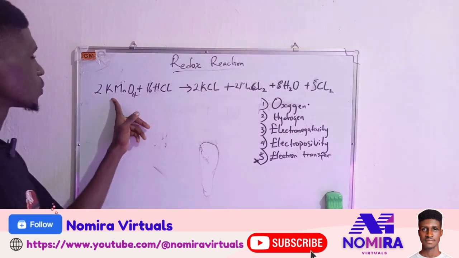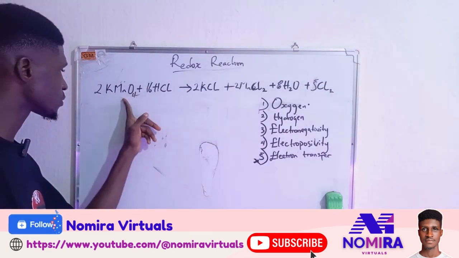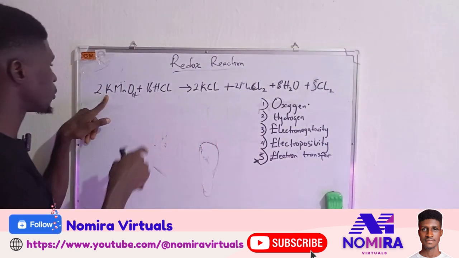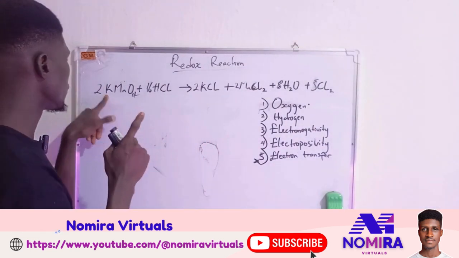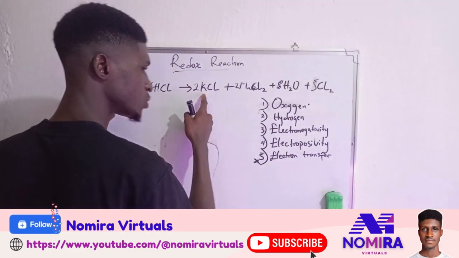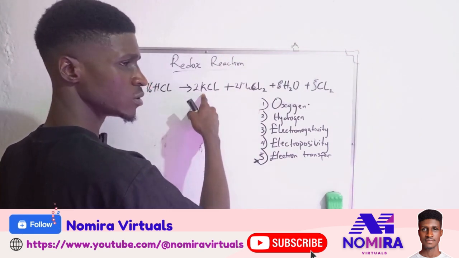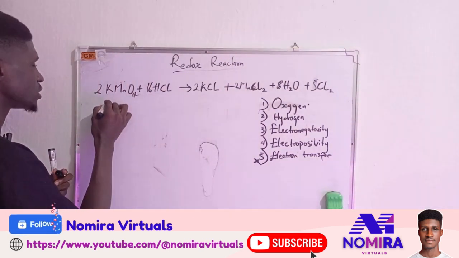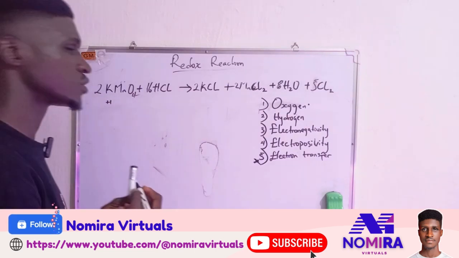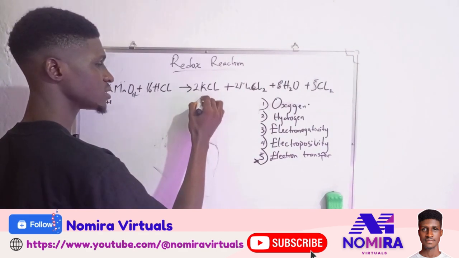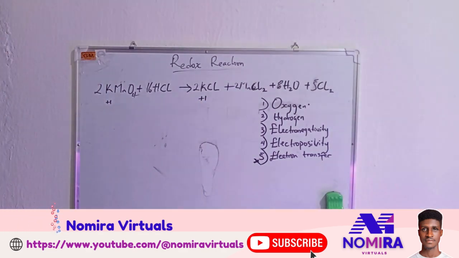Now let us look at what happens between this particular potassium permanganate and the products. For potassium, which is a metal here, we are going to consider what happened to potassium on the reactant side and what happened to potassium in the product side. On the reactant side, potassium is in the +1 oxidation state, and in the product side it is still +1, so nothing happened here.